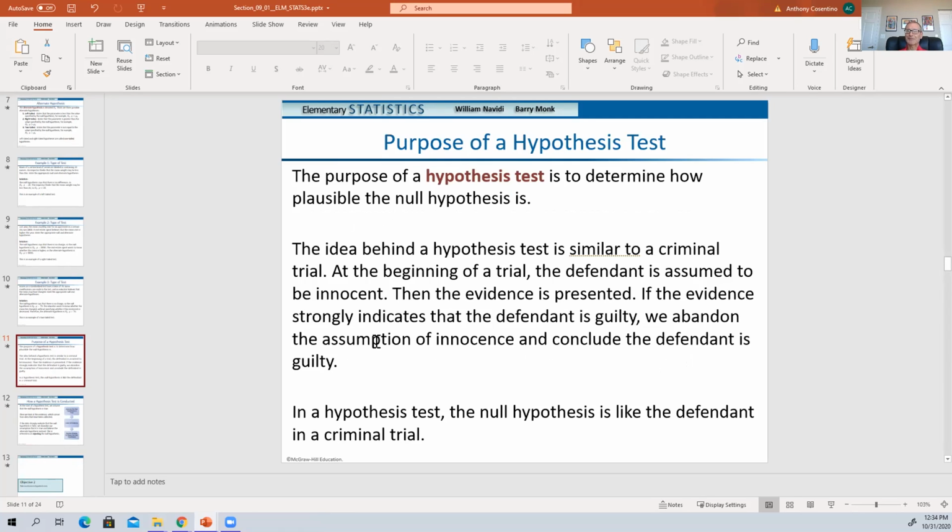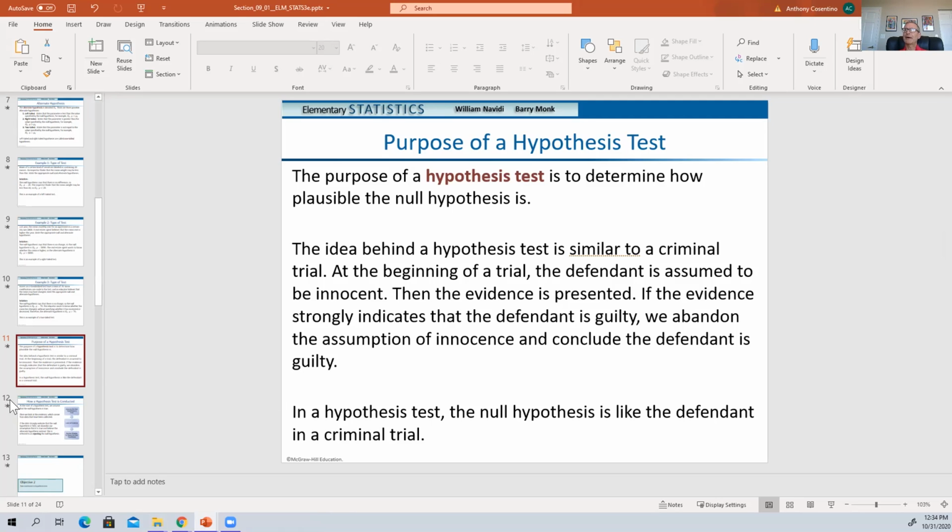The hypothesis test is set up where you actually want to get a guilty verdict, which would mean in the testing that we reject the null hypothesis, which would mean that the alternative hypothesis is true. In this class, that is going to be our ultimate goal: you hope that the null hypothesis is false and you can reject it.